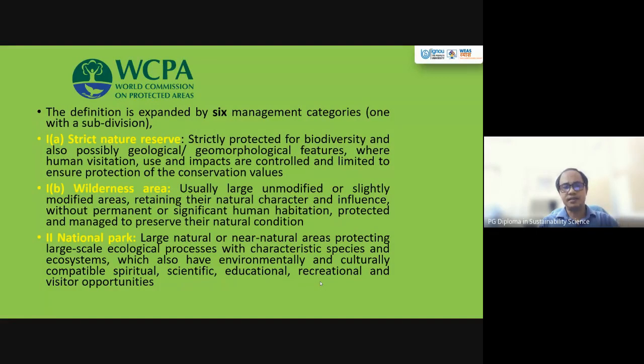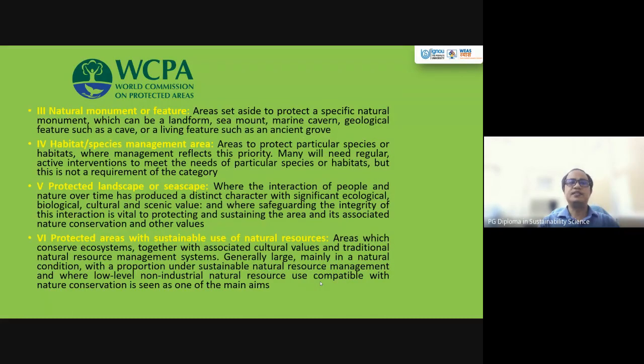In the same way, the second category is national park, the third category is natural monument or feature, and the fourth category is habitat species management area. The fifth category is protected landscape or seascape. The sixth category is protected area with sustainable use of natural resources, meaning that with human interference, we have to harvest in a sustainable way, right?